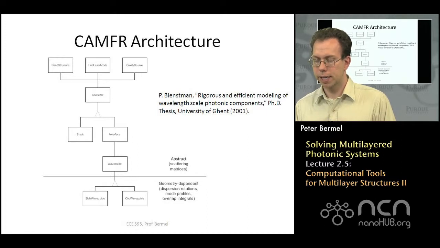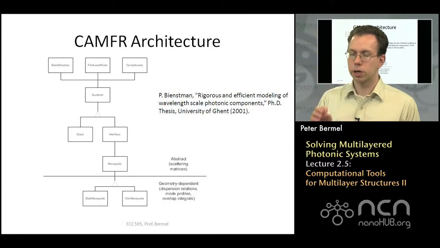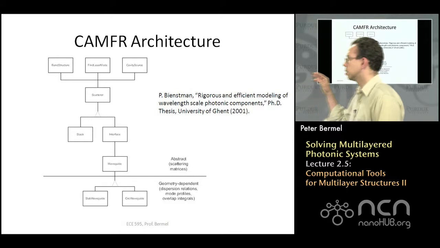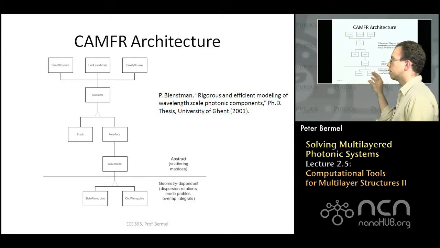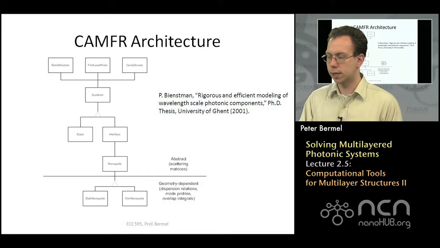Like, of course, there's the band structure mode that we were looking at. And then there's also this waveguide mode that was the last slide, as well as a source for cavity. But then there are also a number of things you see portrayed on the bottom that are more geometry specific, that may include dispersion relations and mode profiles, overlap regions, etc.